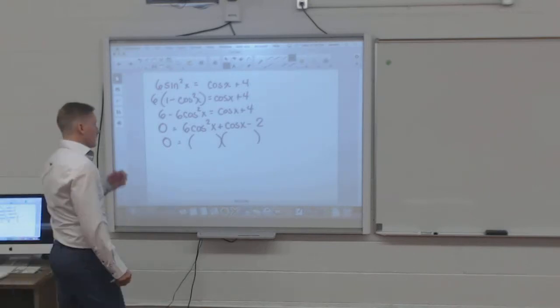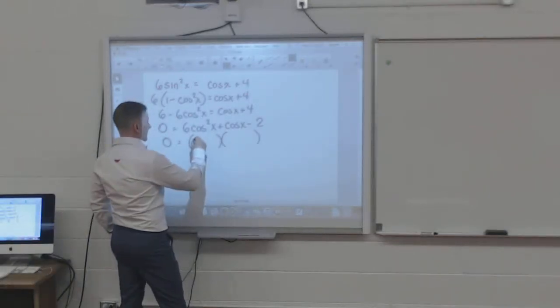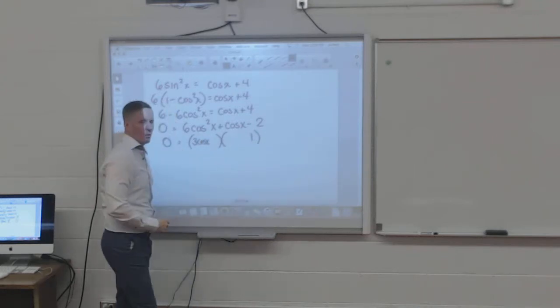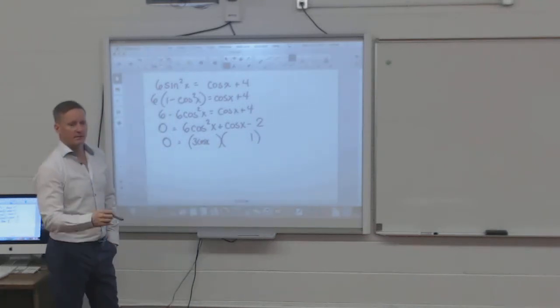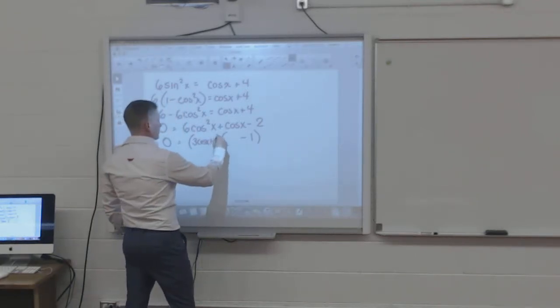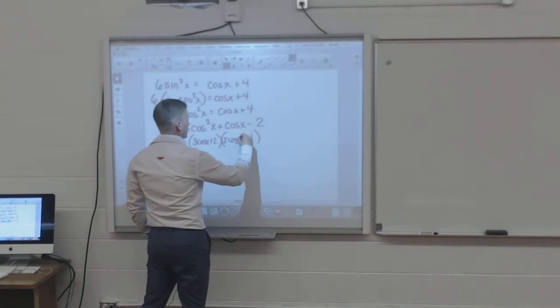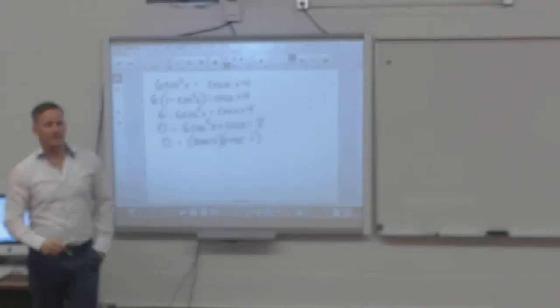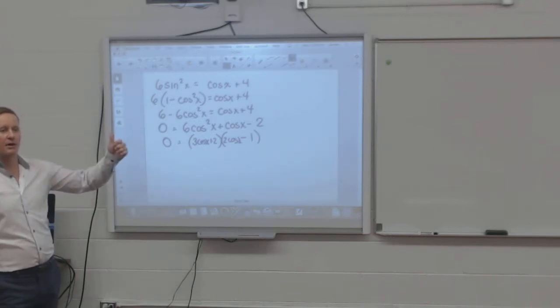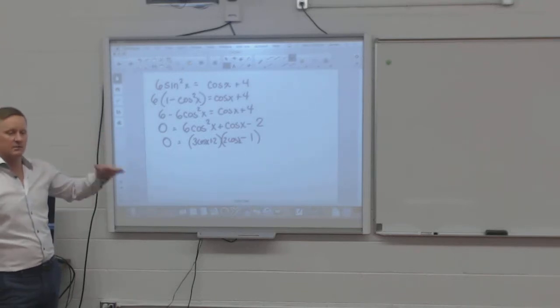So I need that. So that means then that I'm going to have 3 cos x here, and it's got to be times by 1. Because I need that. And I know it's got to be a negative, right? So then that means that this has to be plus 2, and this is 2 cos x. So I'm not doing all the factoring for you, like showing you product, sum, factors.